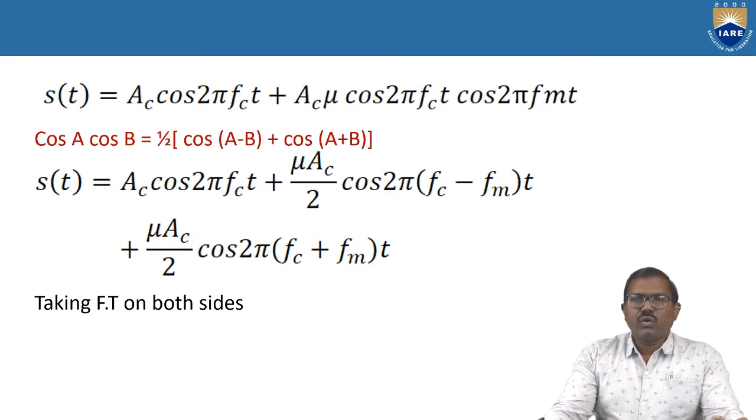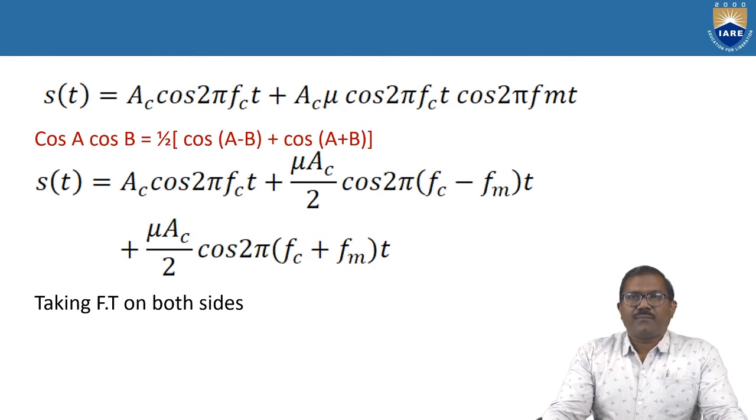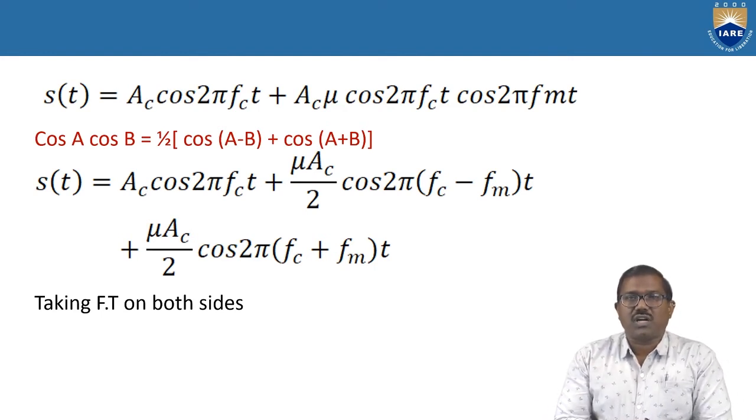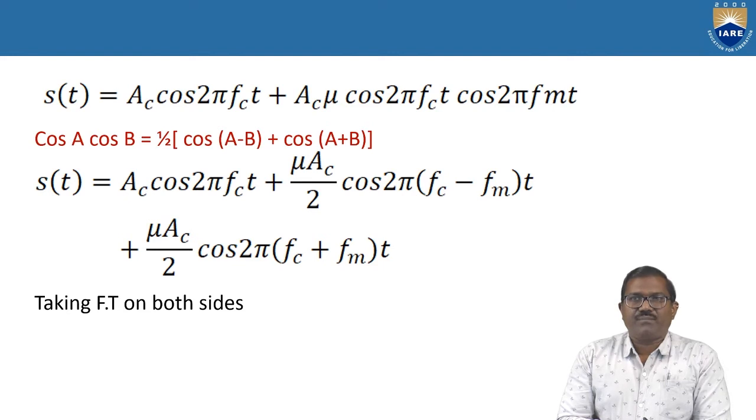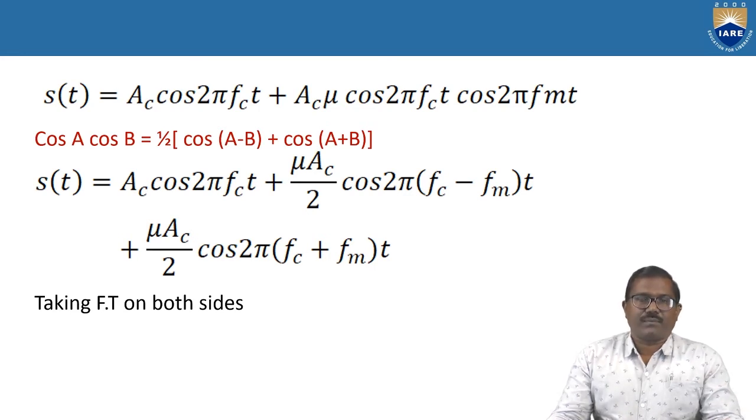Here on the right hand side, two terms are coming: one with the frequency fc minus fm, and the other with fc plus fm. So we can say that two sidebands are coming, the lower sideband and the upper sideband.